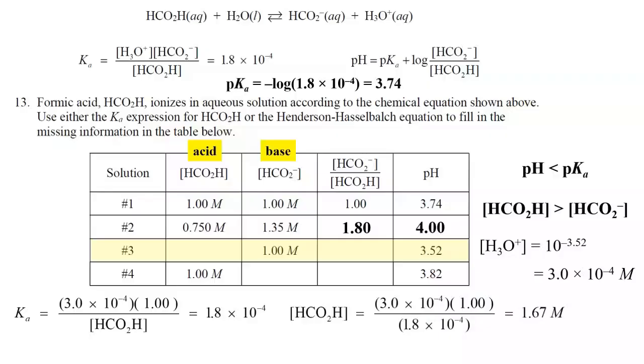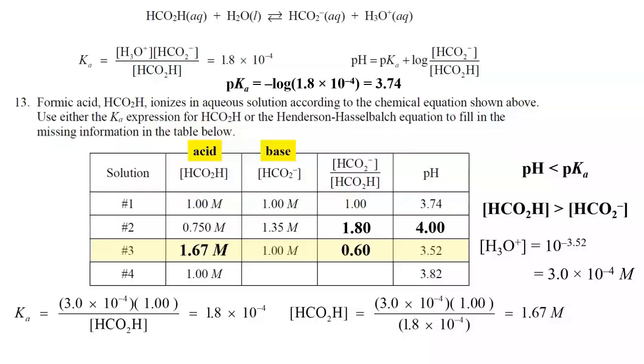So I rearrange the equation, and the concentration of formic acid is equal to 3 times 10 to the negative 4 times 1 divided by the Ka, which is 1.8 times 10 to the negative 4. And when I do that math, I get 1.67 moles per liter. The ratio would be 1 divided by 1.67, which works out to be 0.60.